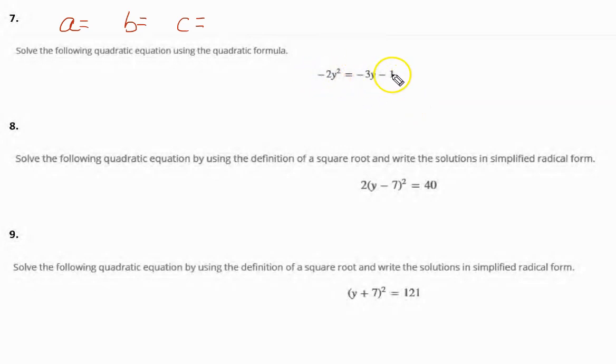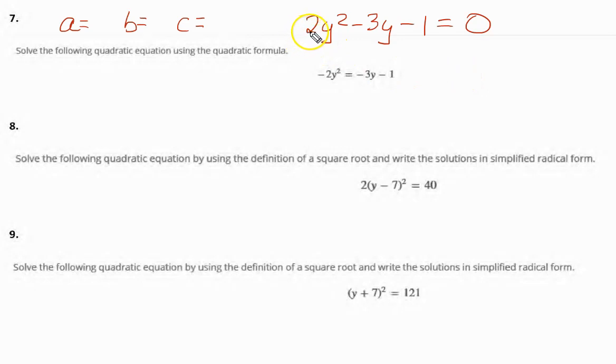So rather than bringing everything over to the left, I'm going to move this term over to the right, and it now becomes 2y squared minus 3y minus 1. There would be a 0 over here, but I'm going to just put this 0 over there. So what I did is I transposed this and then equaled it to 0.